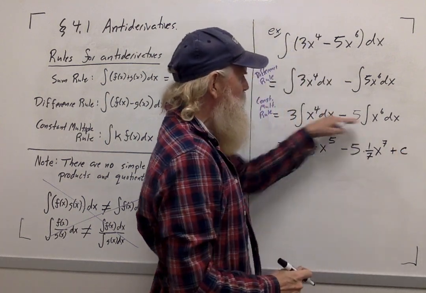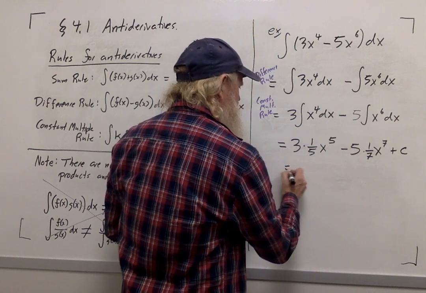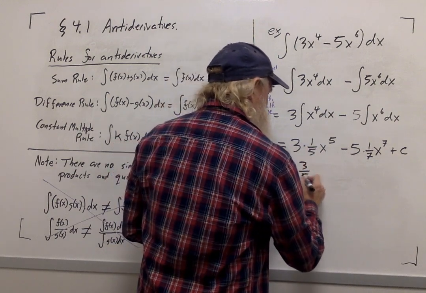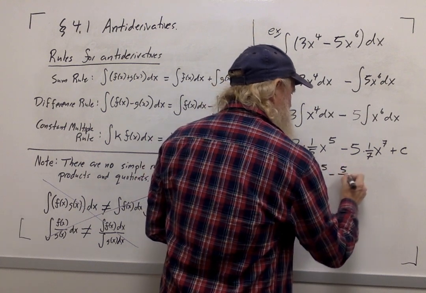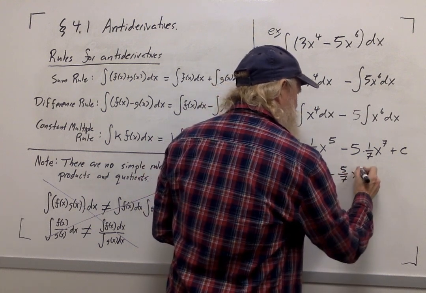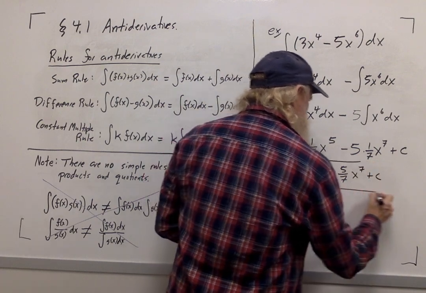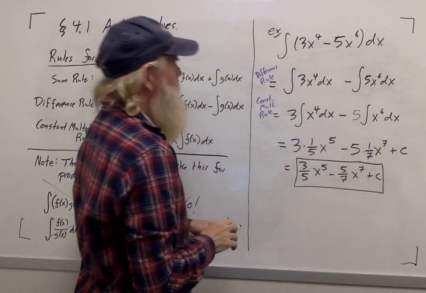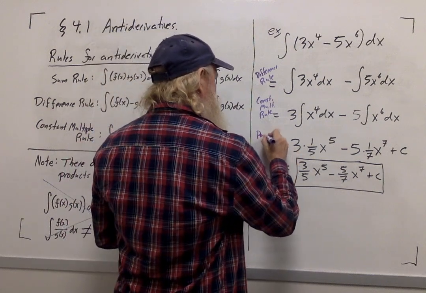Notice when I have a sum or difference like this, I only need to add the plus c at the very end. So simplifying just a bit, 3/5 x to the fifth minus 5/7 x to the seventh plus c. By the way, that was the power rule.